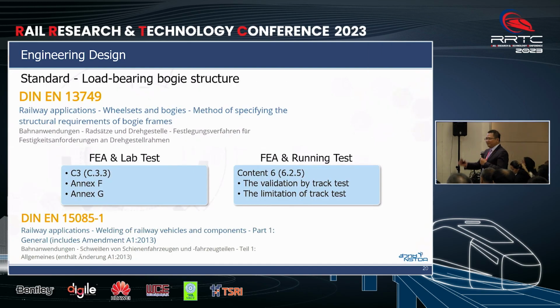As Professor Ratapul mentioned, in the railway we need to consider the standard. In our research, we follow the EN standard, EN 13749, the standard for wheelsets and bogies, the method of specifying the structural requirements of the bogie frame.